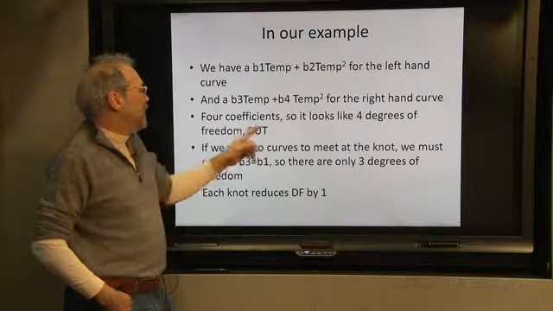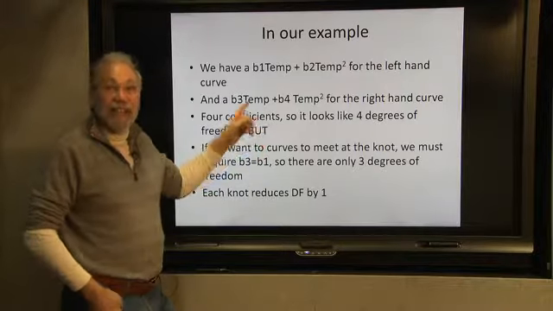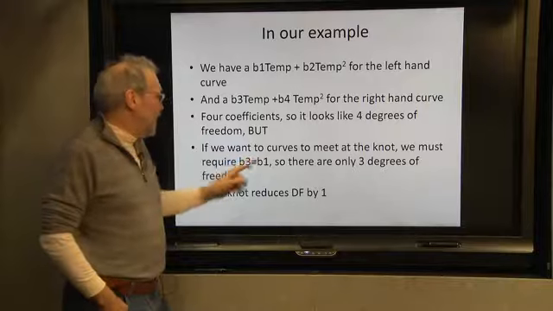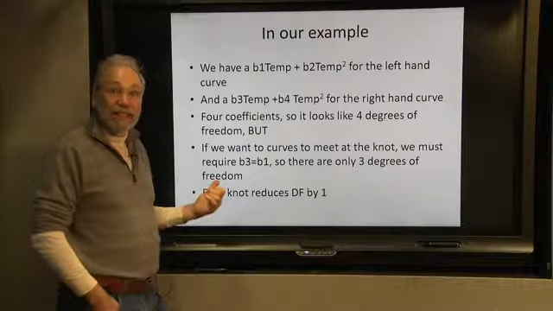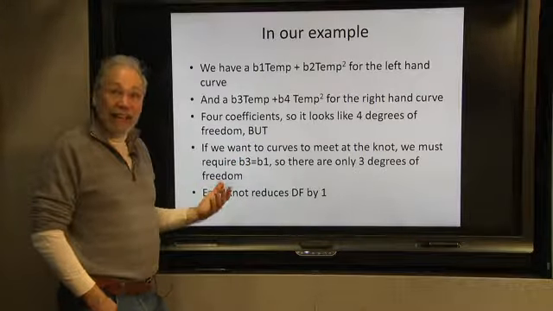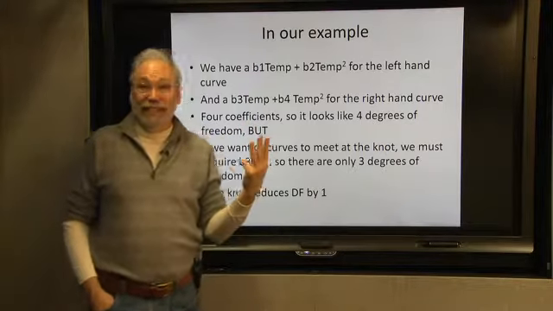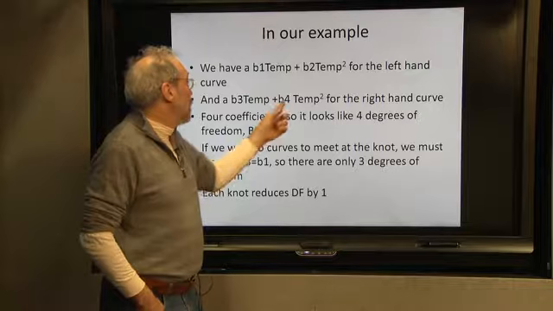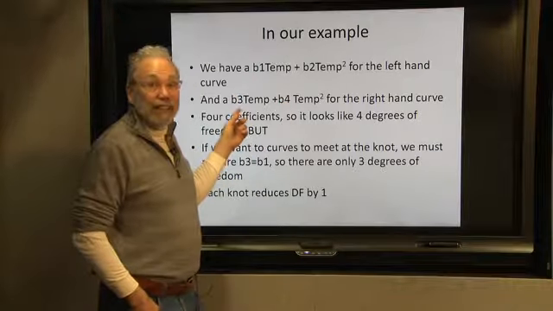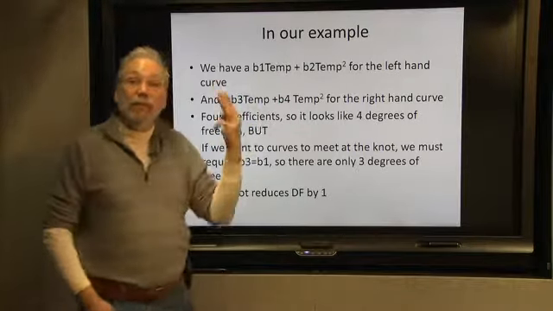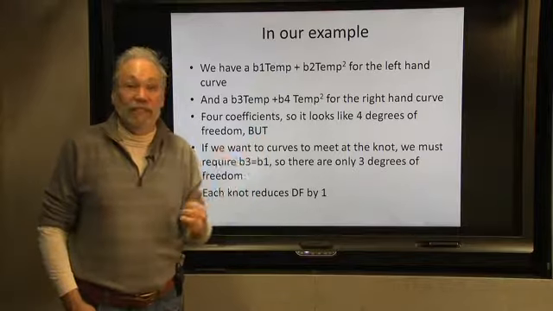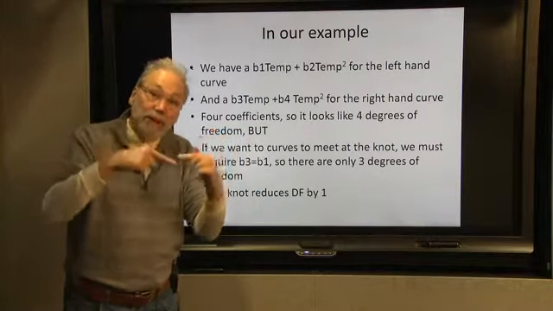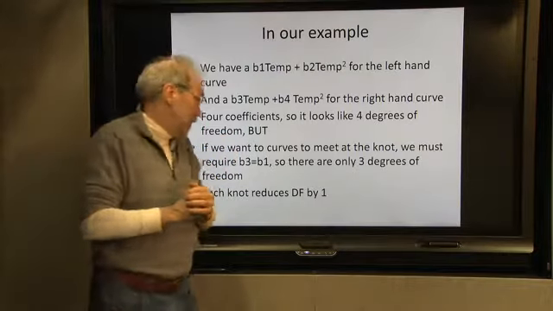That the only thing that changes is the coefficient of the quadratic term. So B3 equals B1. So now I only have 3 coefficients I'm estimating. B1, B2, and B4, because this is just B1 again. So I'm really using 3 degrees of freedom because I'm imposing the requirement that the curves meet up.